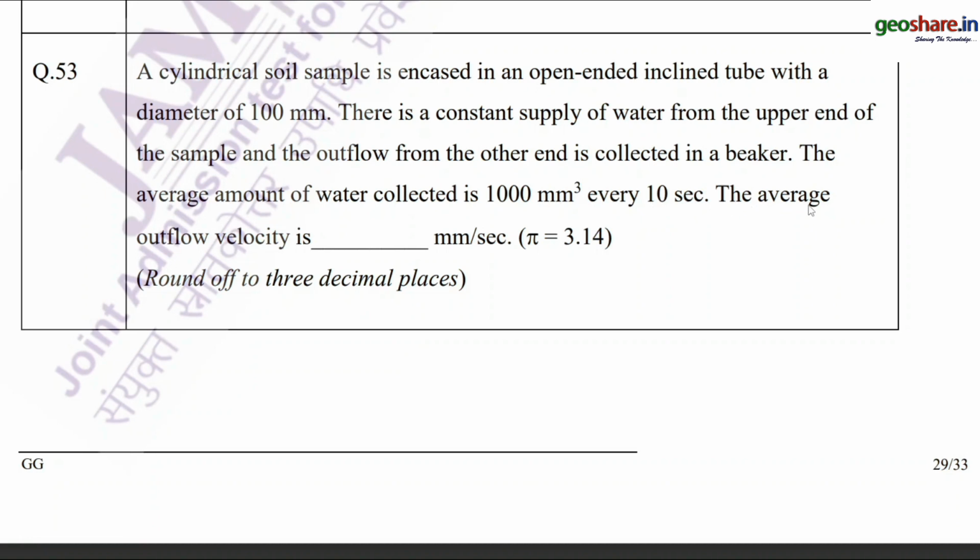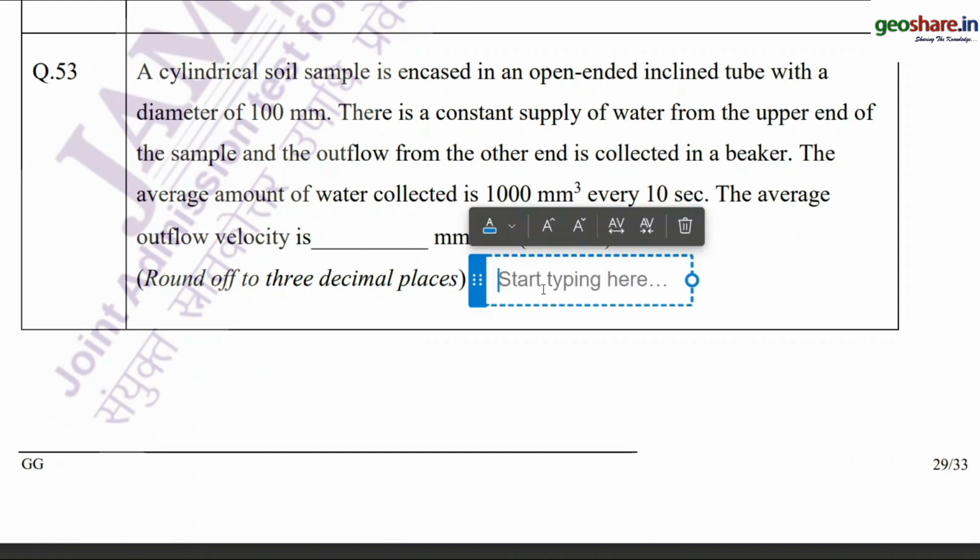The average outflow velocity will be dash millimeter per second. And the answer will be 0.012 to 0.013.